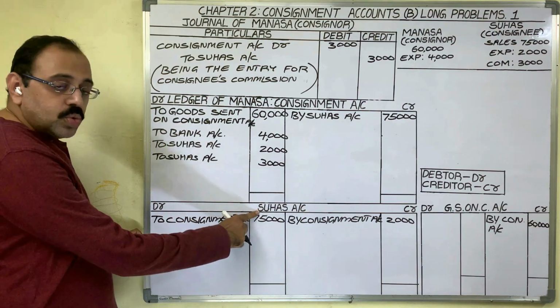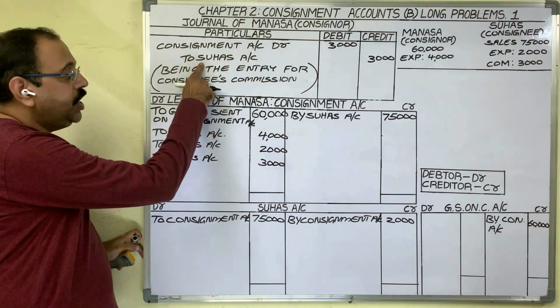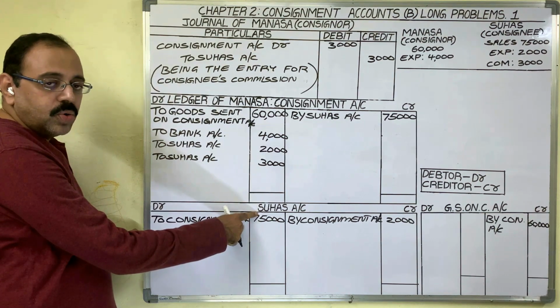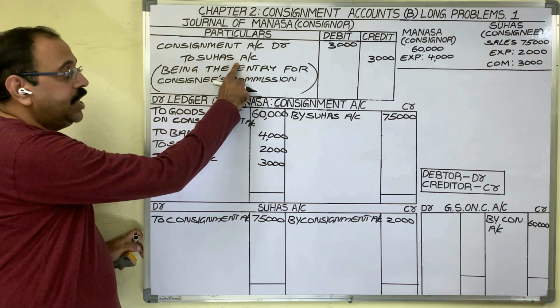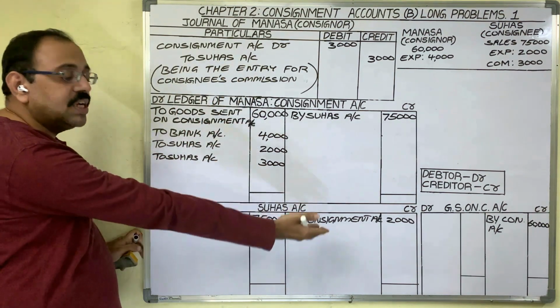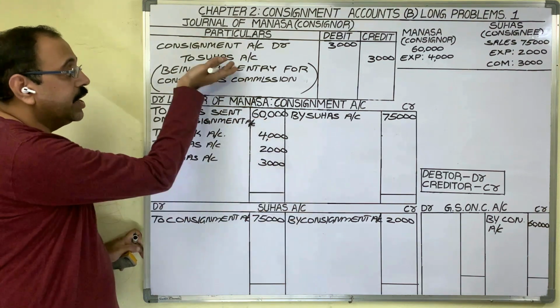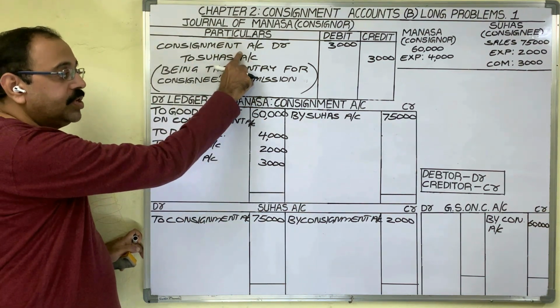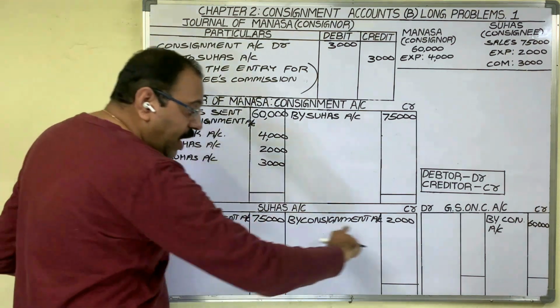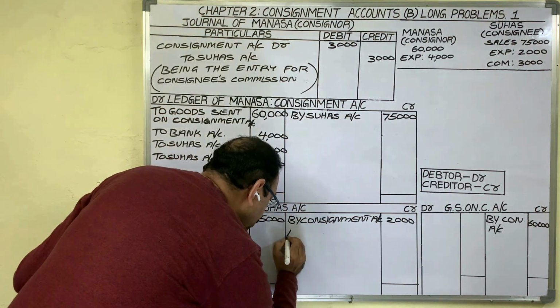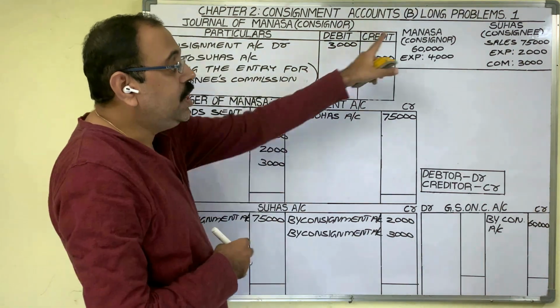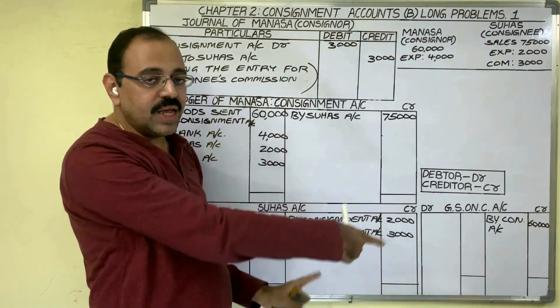As we are preparing Suhas account, same entry is to be posted in this account also. Suhas account is credited. So in Suhas account, credit side we have to post. And what to write? Other side we have consignment account. Write down that: By consignment account 3000 rupees. Thus, all these transactions we have posted in the accounts.